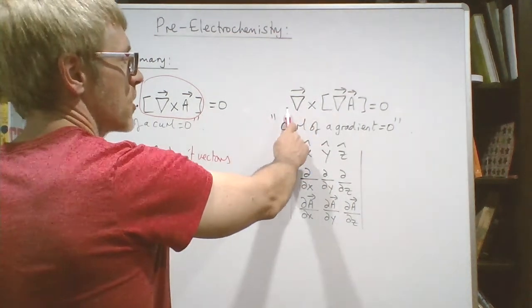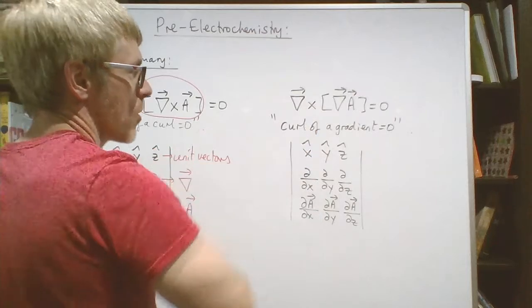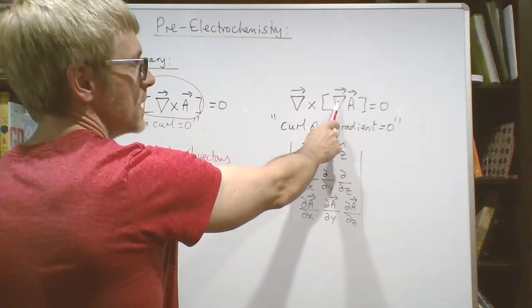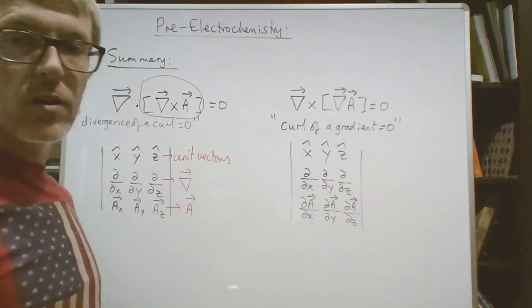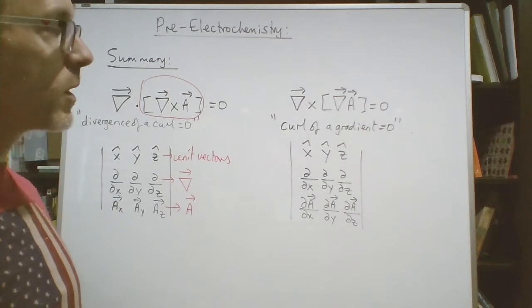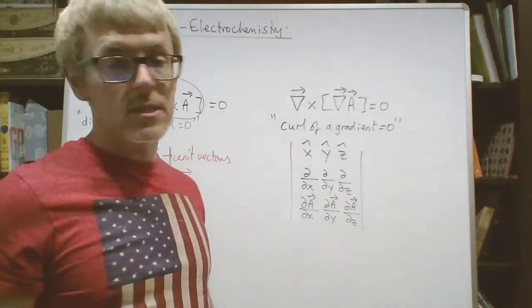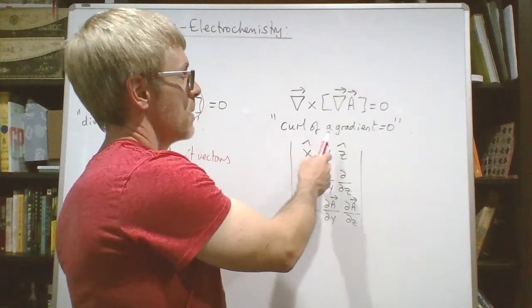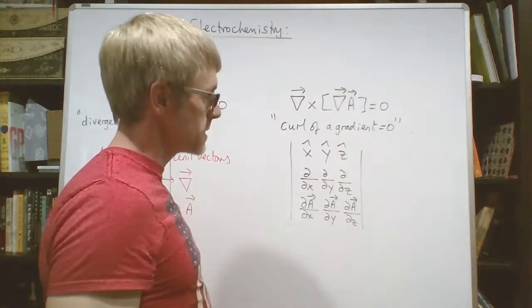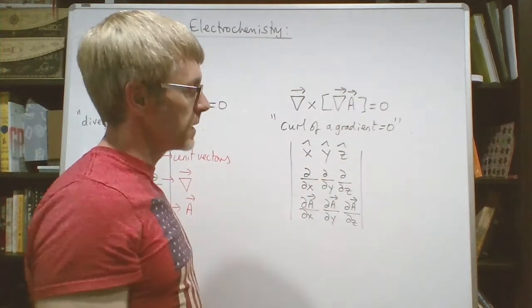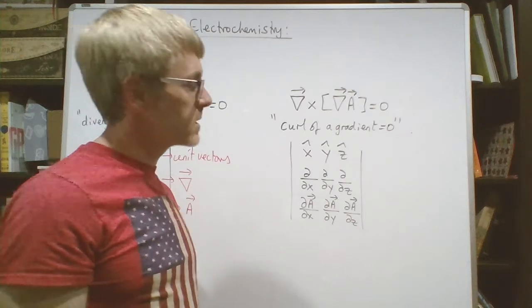Here we had the curl del cross of a gradient del vector, so there's no dot or cross, it's just a different type of product. The gradient just means the slope. And we know that the curl of the gradient is 0. And we had similarly a canonical matrix here.